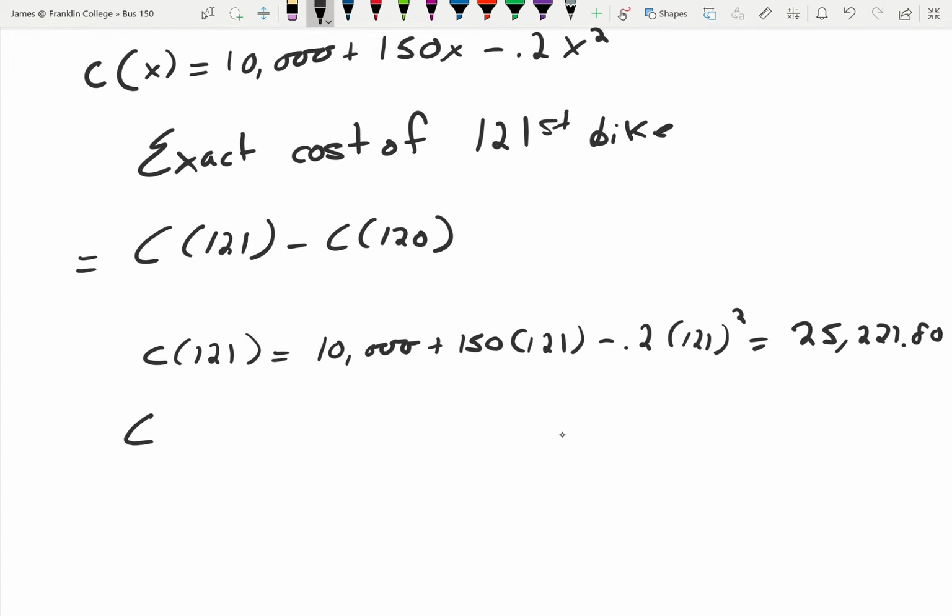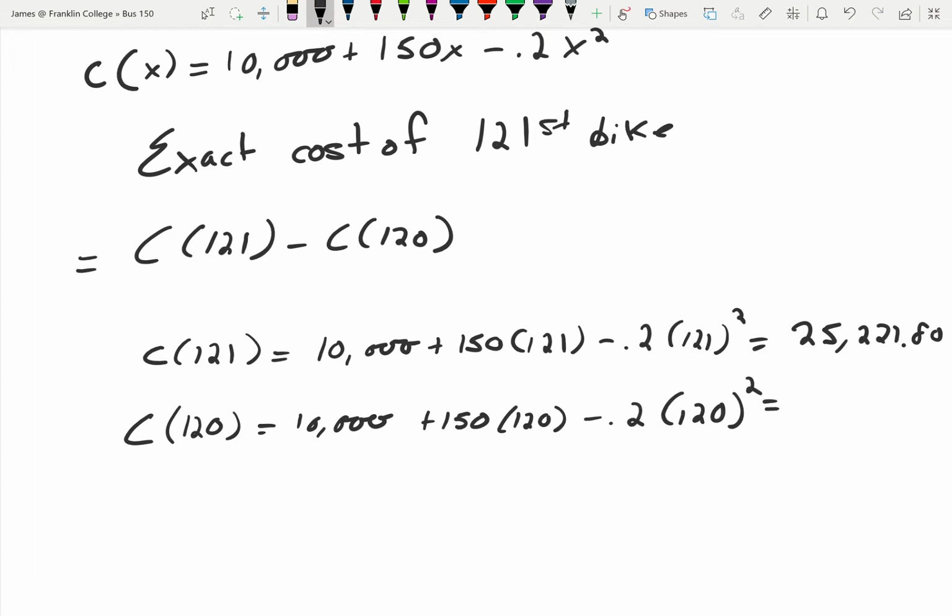And then we figure out how much it costs to make 120 bikes. We just plug in 120 for x into the total cost function. So all we did was plug in 120 for x, and that will tell us how much it cost us in total to produce 120 bikes.